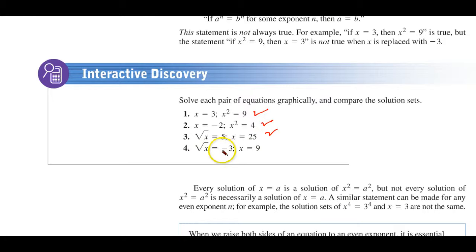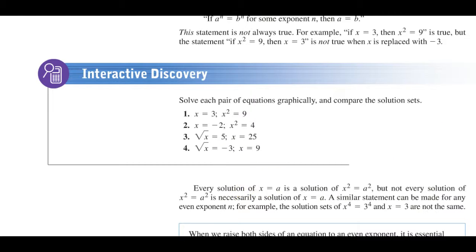If x equals negative 3, and you square negative 3, does that equal 9? In a sense it does, but remember, we're asking, can we have this? Like that, we can't have it. But if we have this, then we have it. So this one is the iffy one here. Something to think about anyway.